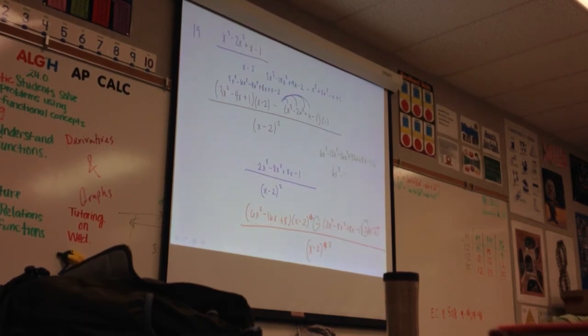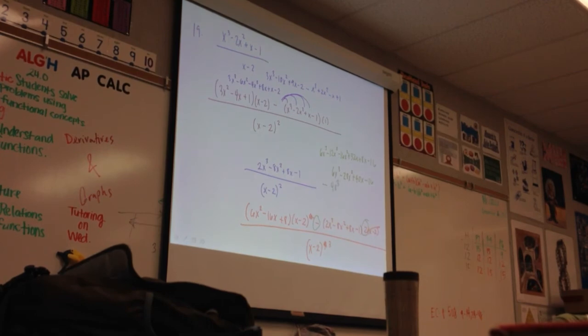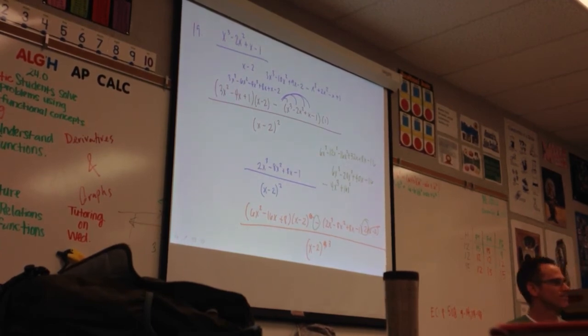6x cubed minus 28x squared plus 40. And then I'm going to subtract, okay, so 4x cubed, and then there's going to be plus, because it's a negative 2 times 8, 16x squared. Anyone who's watching me do this, you don't really have to do this.